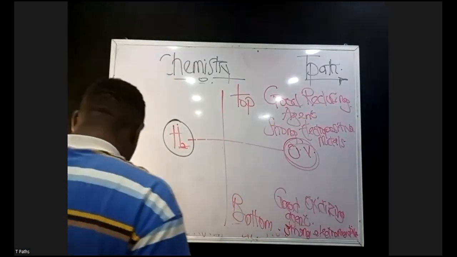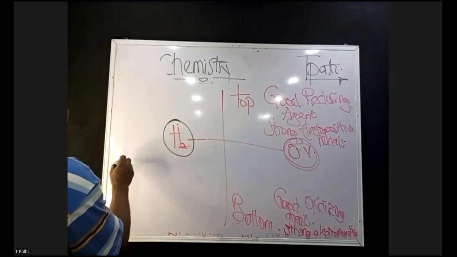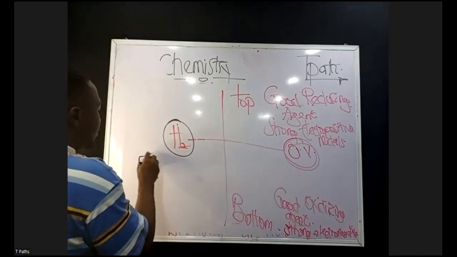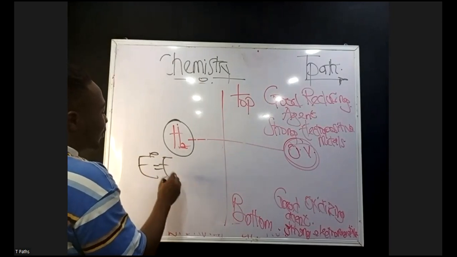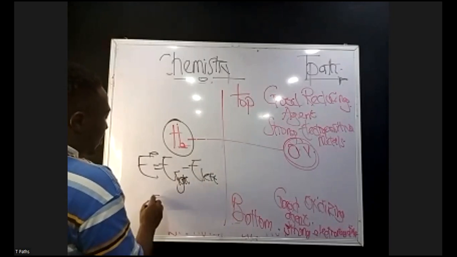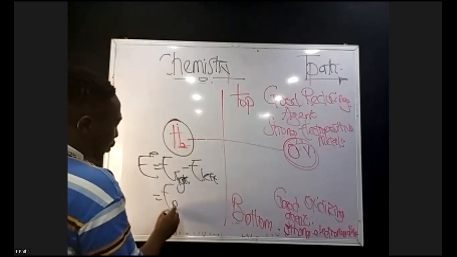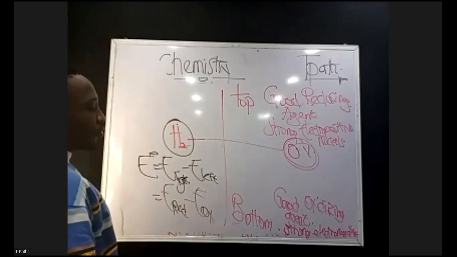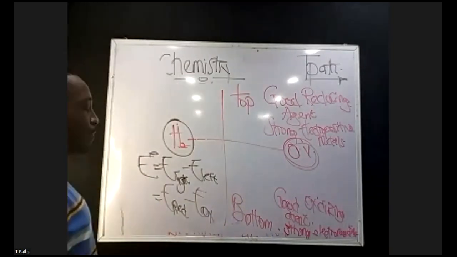You can recall what you learned about your E cell, that we said is the EMF. This is known as your E naught, which is equal to E right minus E left, or E reduction minus E oxidation.